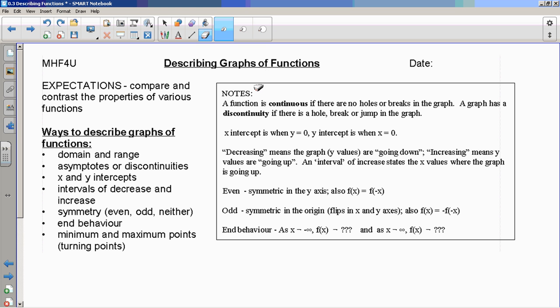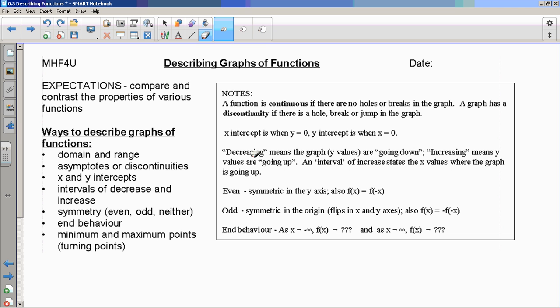Intervals of decrease and increase. We talked about this a little bit, but decreasing means that the y values are going down. Increasing means the y values are going up. Exactly how we would generally think of it. We read a graph from left to right, and if it's going up, it's increasing. If the graph is going down and to the right, then it's decreasing as we read it left to right.